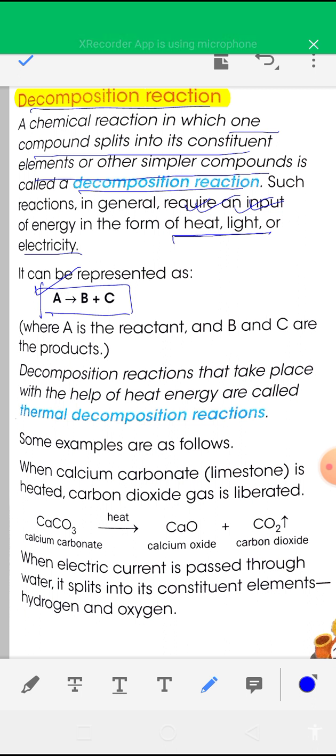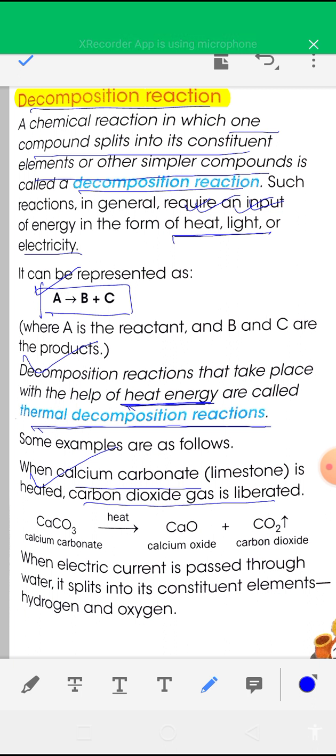When the decomposition reaction takes place with the help of heat energy, then it is known as thermal decomposition reaction. Let's see one example of thermal decomposition reaction. When calcium carbonate, that is limestone, CaCO3, is heated, carbon dioxide gas is liberated.